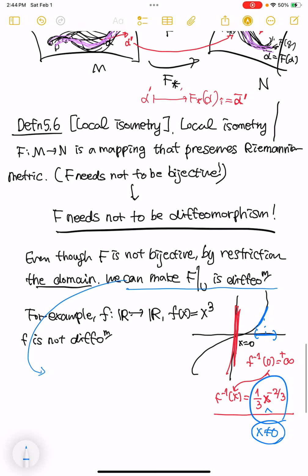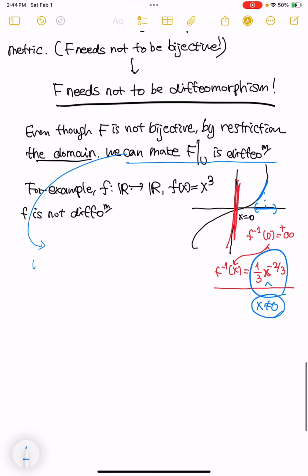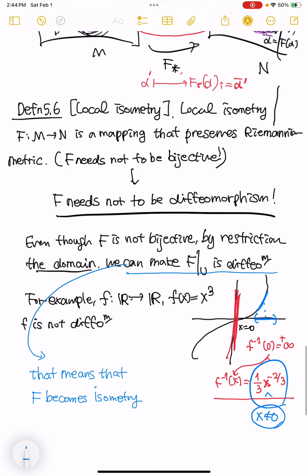That means F becomes just an isometry; that is, F is a local isometry.